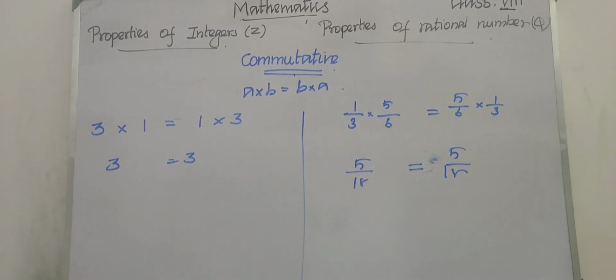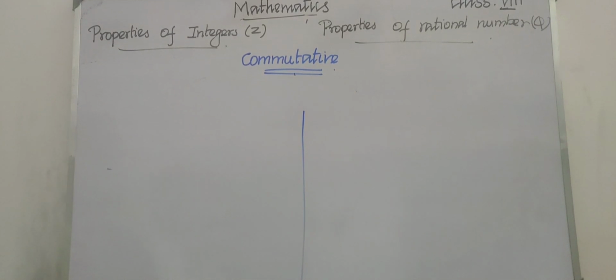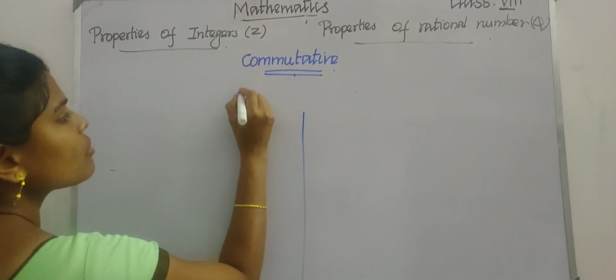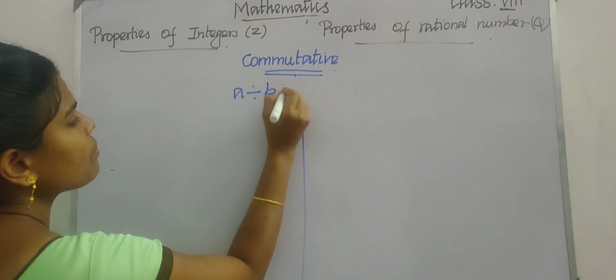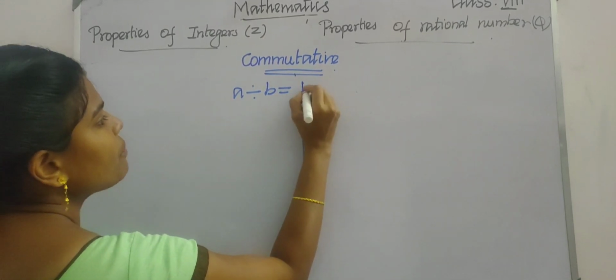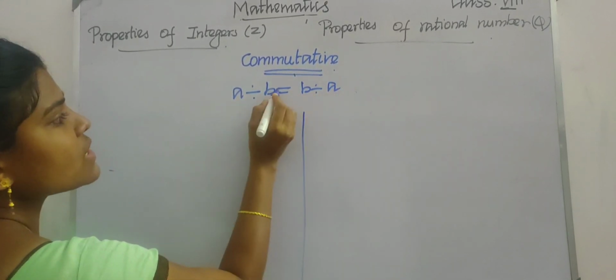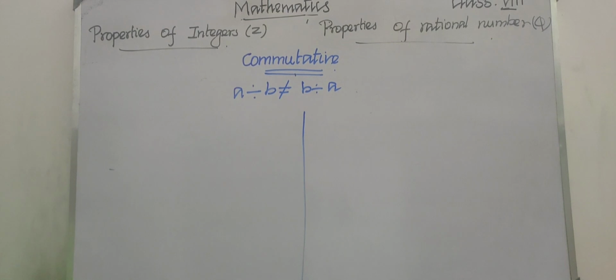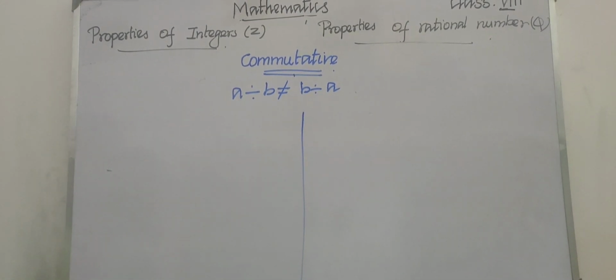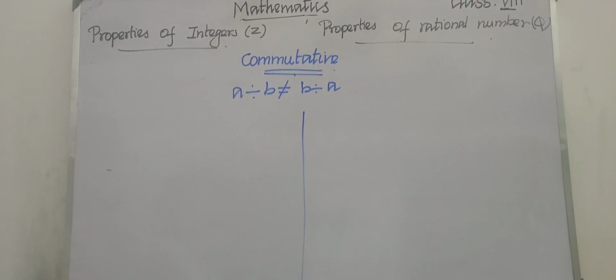So the last is about division of rational numbers and division of integers. Division means, we can say, a divided by b equal to b divided by a. It is not possible. Division of rational numbers and also division of integers is not commutative. Okay children, can you all understand?